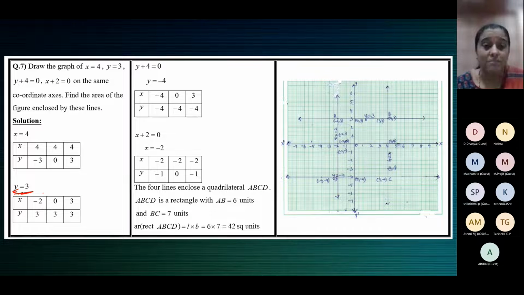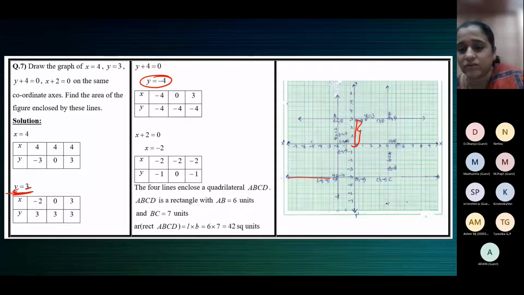Next, you must say whether it is above or below. It's above because it's positive 3. So y is equal to 3 is a line parallel to the x-axis at a distance of 3 units above the x-axis. See here, this distance is 3 units above the x-axis.